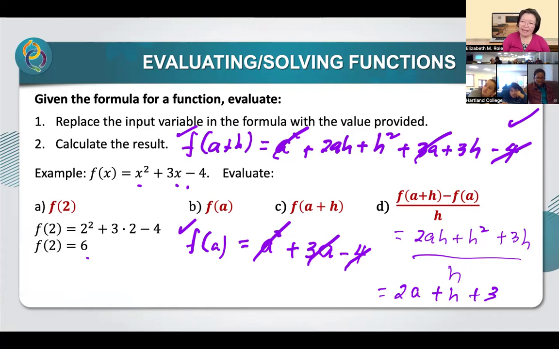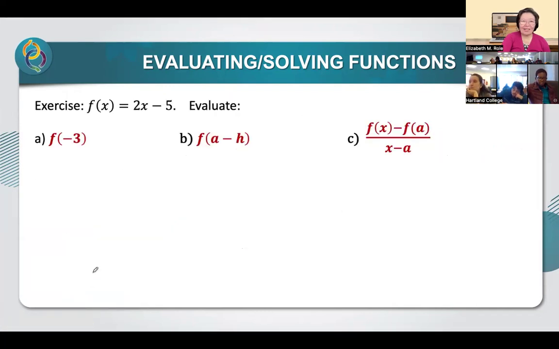So 2a plus h plus 3. So it's just like what we have done previously, just for the sake of evaluating and solving. Then that will be it for all of this: f of negative 3, f of a minus h, and f of x minus f of a over x minus a.